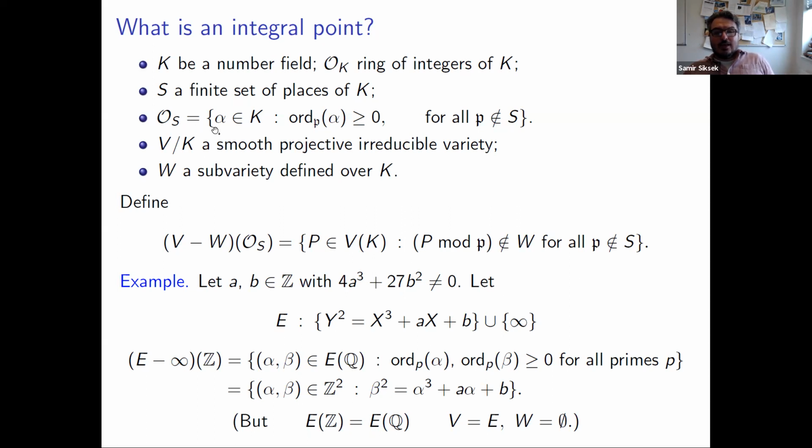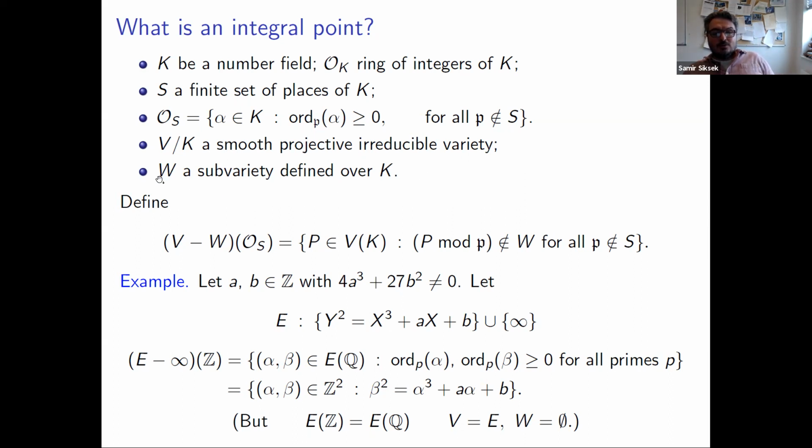So it's the elements alpha in your number field where the valuation of alpha is non-negative at all the prime ideals not in S. If you take S to be the empty set, O_S will be just the ring of integers of K. And V is going to be a variety over K. These words aren't really important, but let's just say it's smooth, projective and irreducible.